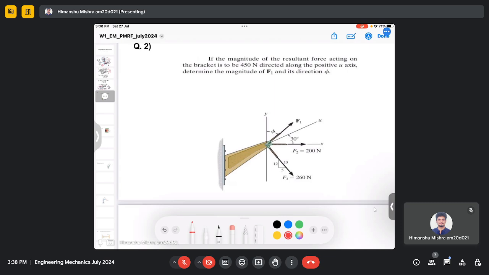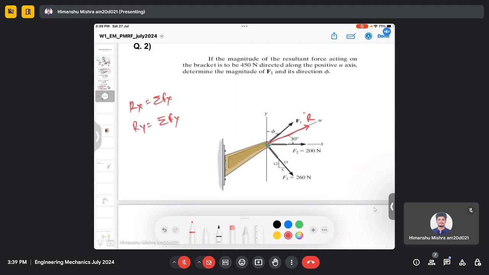So in this problem, apart from calculating the components of the forces, we also need to consider the resultant forces. And we saw that the resultant force in the x direction is the summation of all the forces in the x direction, and the resultant force in the y direction is the summation of all the forces in the y direction. And the question says that there is a resultant force along this axis, R. Right?